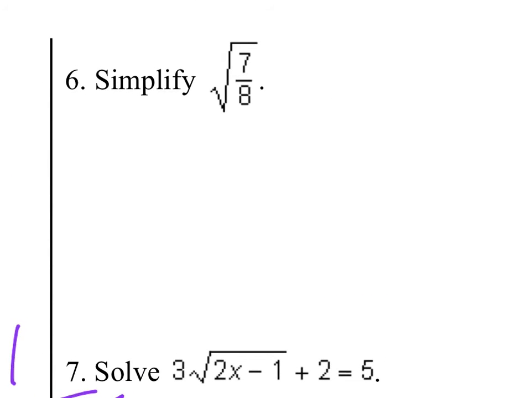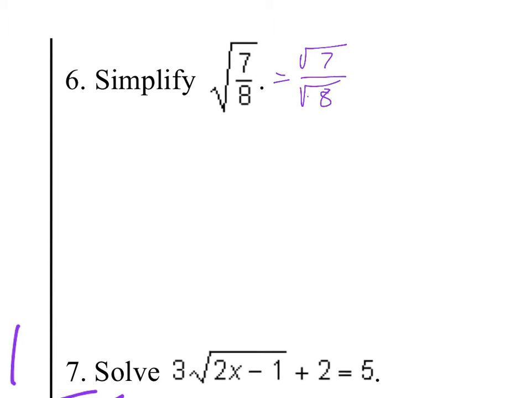There we go. Simplify square root of 7/8. Well, the only thing I can do is I basically have to rationalize this, right? This becomes root 7 over the square root of 8. And now I rationalize. That's all you can do.